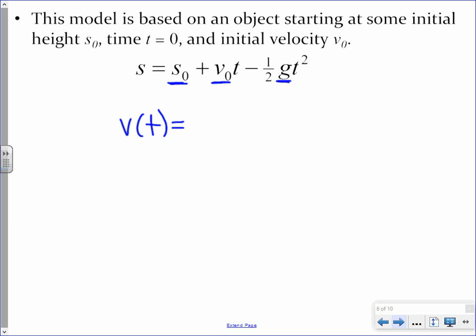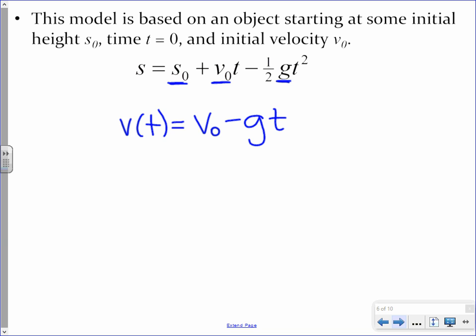So if we take the derivative, what happens here? That goes to 0. The derivative of V naught times T would be V naught. And the derivative of negative 1/2 GT squared is negative GT.